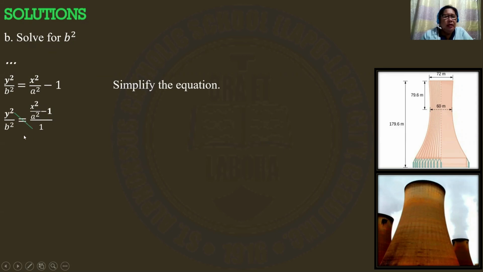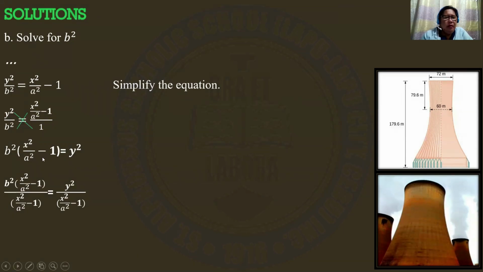And then apply cross multiplication. So we have b squared times this and y squared times 1. So we have only y squared. And then divide both sides by x squared over a squared minus 1. Then cancel. So what we have is b squared is equal to y squared all over x squared over a squared minus 1. So this is the algebraic value of b squared.